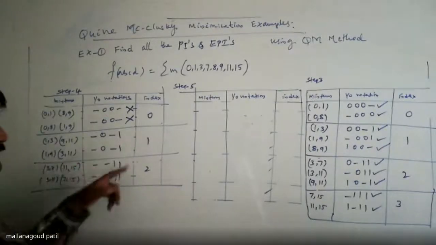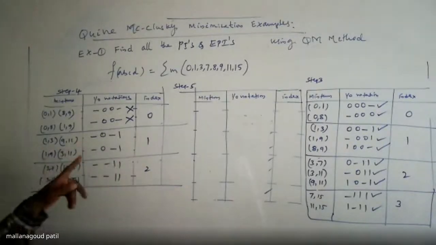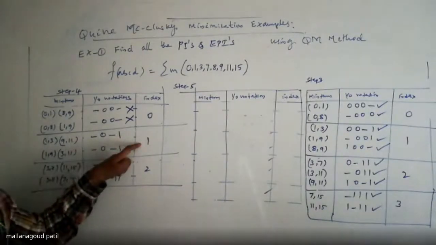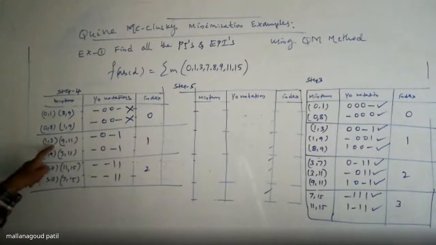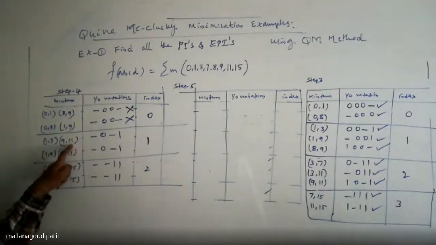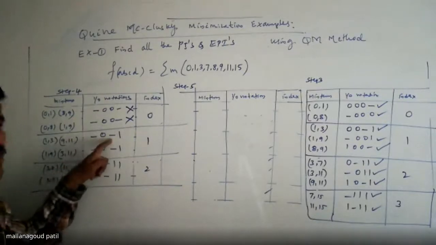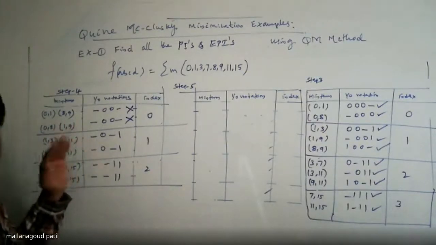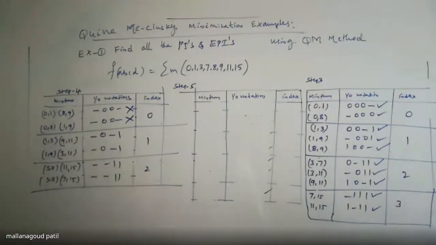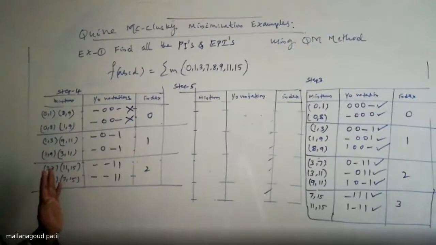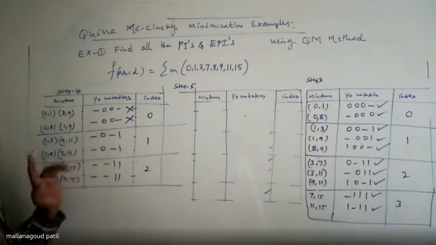Now you compare with index 1 and 2. Before that, take the first minterm in index 1, which is 1, 3, 9, 11. It will have first bit dash, third bit dash. Is it like in index 2? No, because in index 2, first and second bits are dash, but I need first and third bits to be dash.